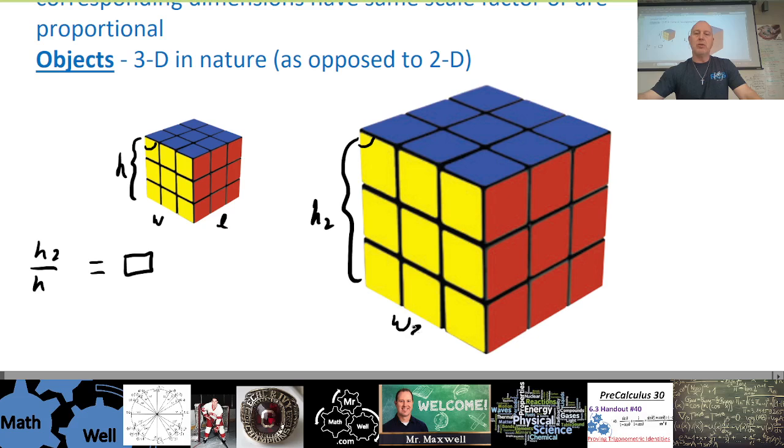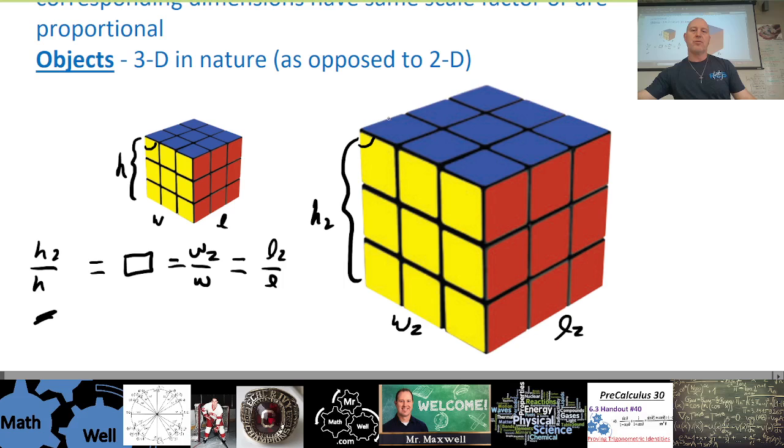And if you did w2 over w, then you would have the same ratio. And that would also be equal to length 2 over length 1. Okay, so we're remembering this, right? And what's unknown here is called what's it called? Scale factor. Yes, scale factor. Very good.